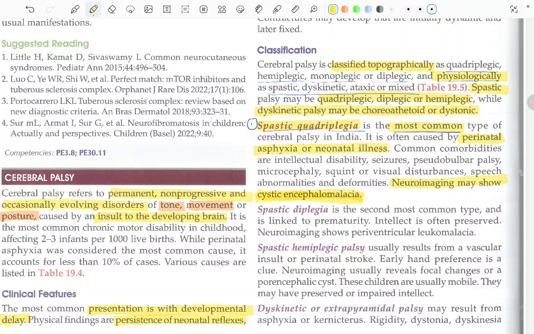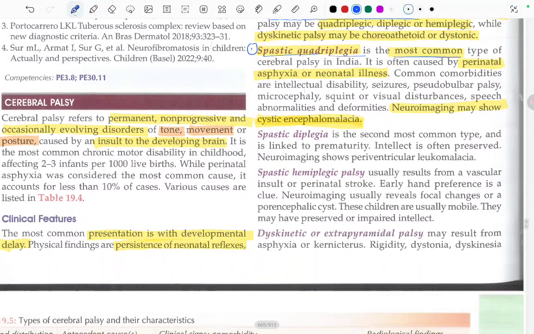Moving ahead to read about spastic diplegia. It is the second most common type and is linked to prematurity. It is the second most common type and linked to what? Prematurity.